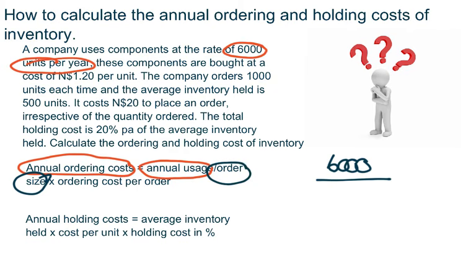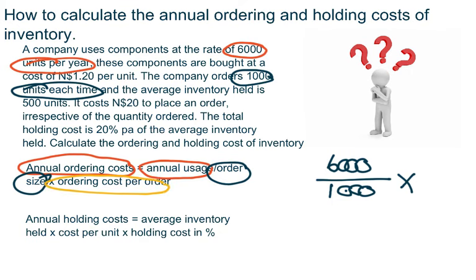Where do I see my order size? The company orders 1,000 units each time. So that will be my order size. And then times my cost to place an order. And the cost to place an order was $20.